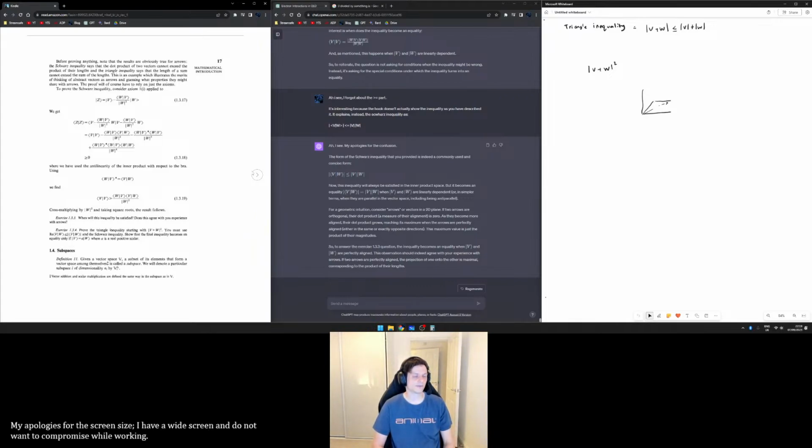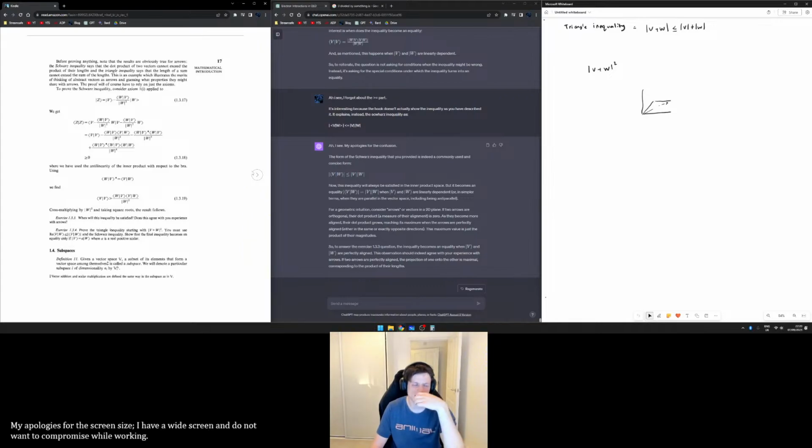Now, at 0, it's trivial to say that they're going to be equal to each other. So if the inner product is 0, then the magnitude of something is 0.